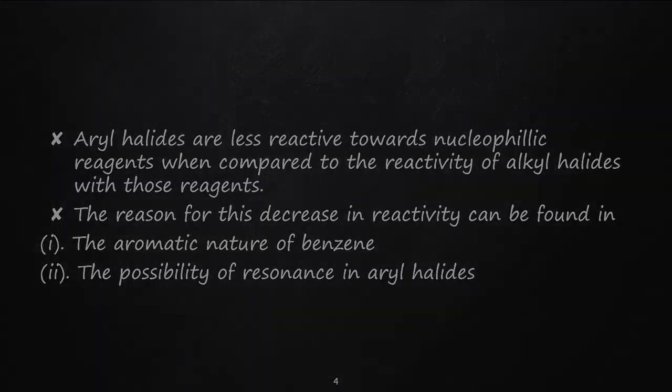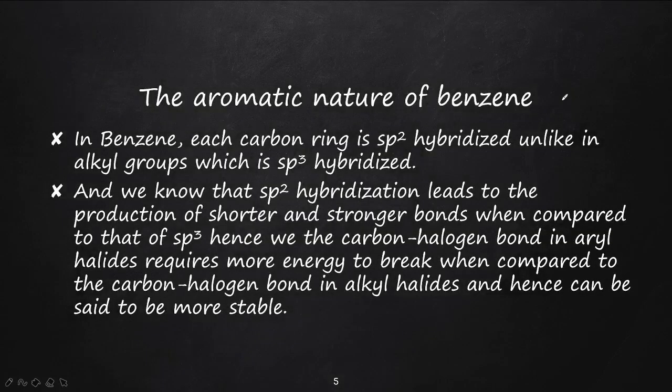Now, the next slide, the aromatic nature of benzene. That's the first thing we're going to be talking about. In benzene, each carbon in the ring is sp2 hybridized, unlike that of alkyl halides, which are sp3 hybridized.